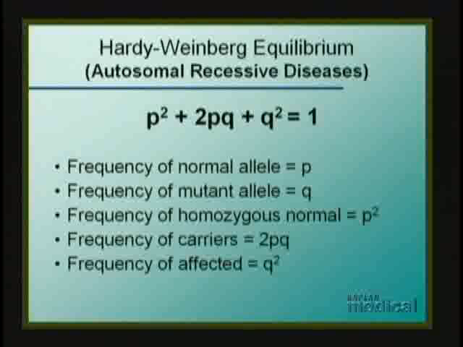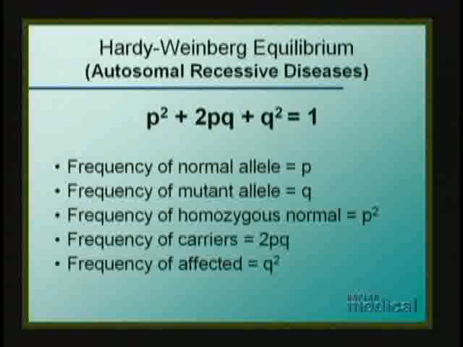A second way of asking a question about this is to give you the prevalence of a disease in a population, that is, the frequency of the affected individuals, and ask you to calculate the carrier frequency in a population.